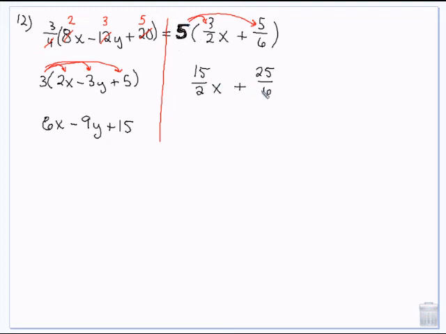I can't do anything else with these. And they're not lined up, so when they don't line up nicely, I like to rewrite them so that they line up all pretty. And we're done. Okay. If there were like terms on either side, you collect them before you're done.